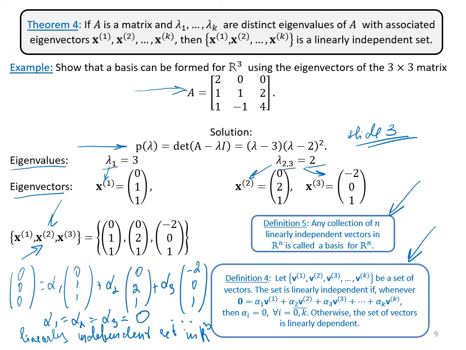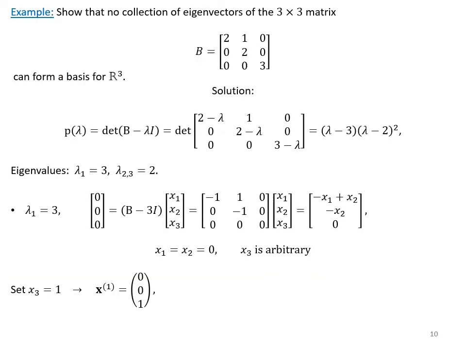Let's solve another example. In this example, let's show that no collection of eigenvectors of that 3 by 3 matrix B, which has the following form, can form a basis for R3. Let's solve it.